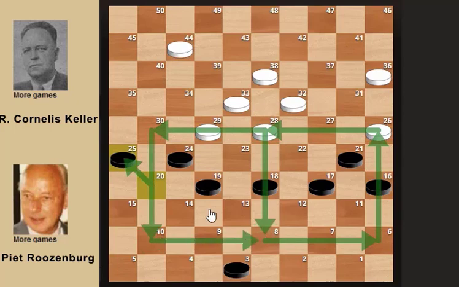So if you have the square, the vertex here at 30 is surrounded by 35, 34, 24, and 25. So Roozenburg decided to move to 25 to remove the piece at 29. So that's why Roozenburg played this move.